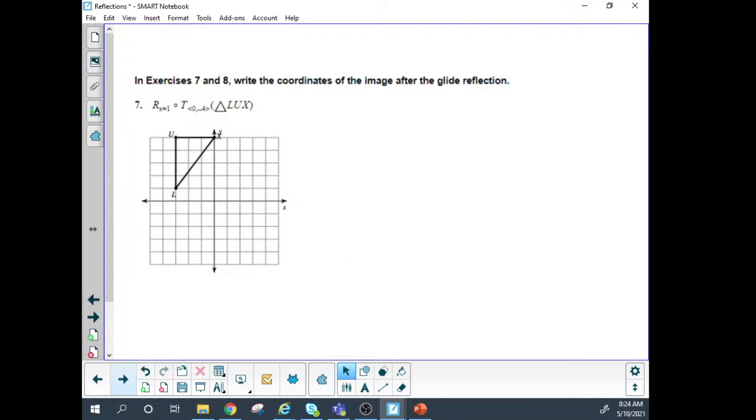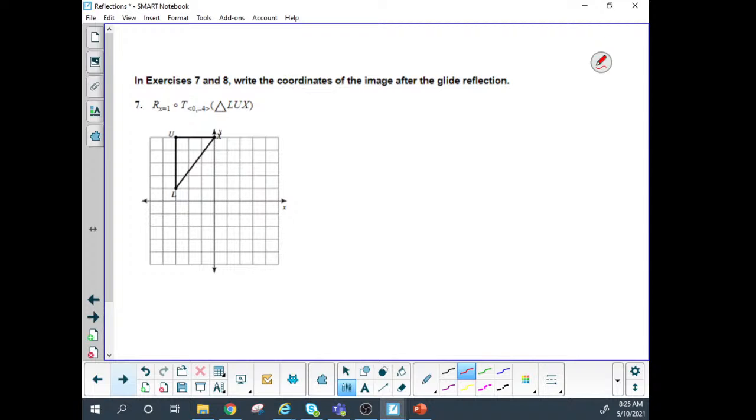I was thinking, you're welcome to draw this out if you want to do it by hand. I have no problem with that, just a little more work maybe. But my thought was click on it, edit it, and show the glide reflection of the figure. So I might look for this line of reflection even though technically I should be doing the translation first.